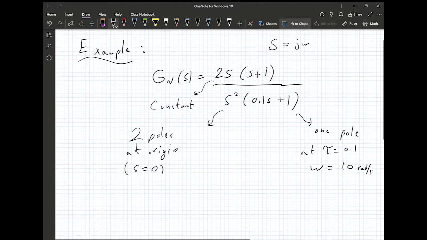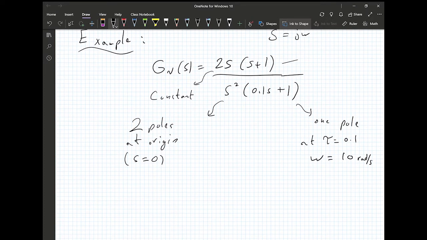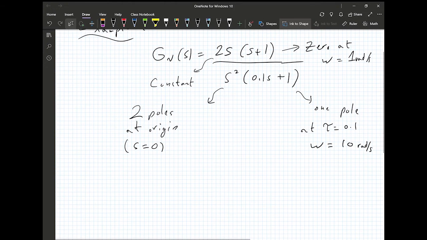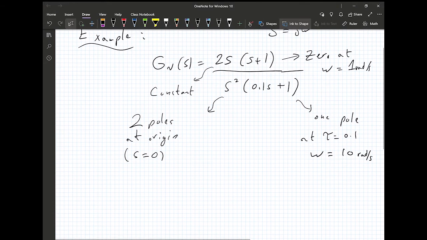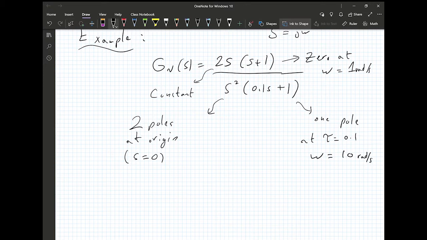And then we have one zero at omega equals 1 rad per second. So we want to start by plotting each one of those separately and then combining them, adding them together.